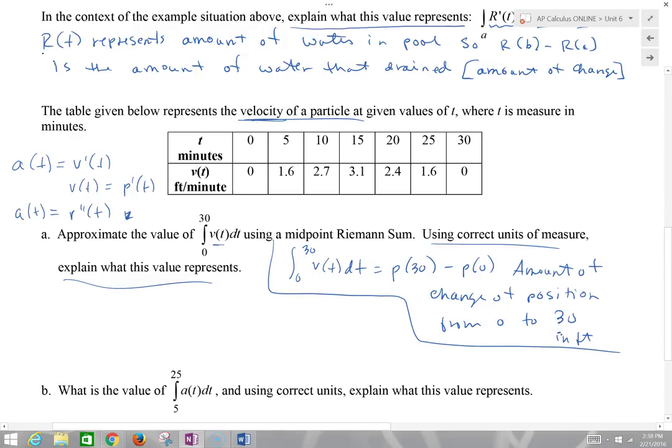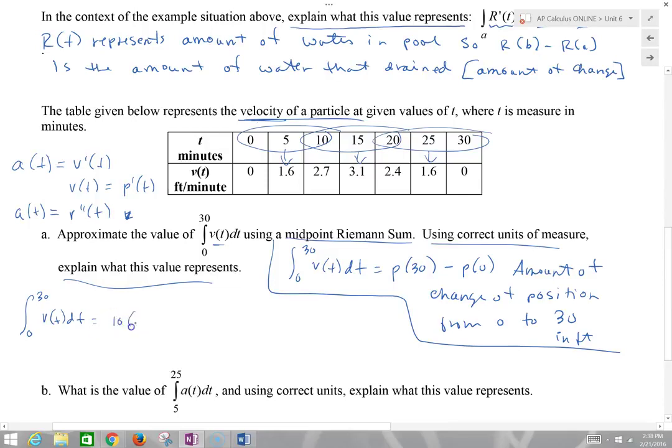So now we have to go find it using a midpoint Riemann sum. So I see three nice intervals between 0 and 10, between 10 and 20, and 20 and 30, where we can use the midpoint at 5, 15, and 25. So the integral from 0 to 30 of v of t dt is going to be equal to, let's see, rectangles with a width of 10.